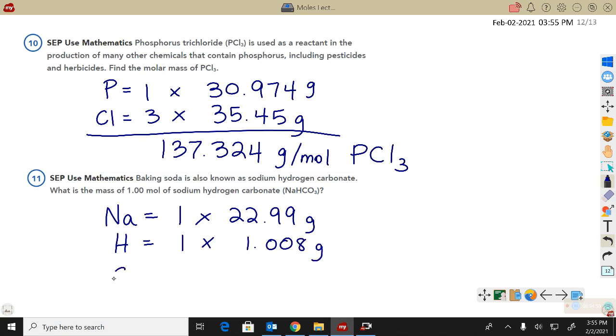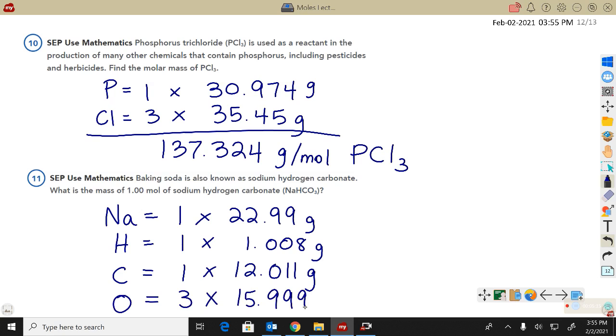Next, I have a carbon. There's 1 mole of carbon, and its mass is 12.011. And finally, the oxygen. There are 3 oxygen times its mass, 15.999 grams.